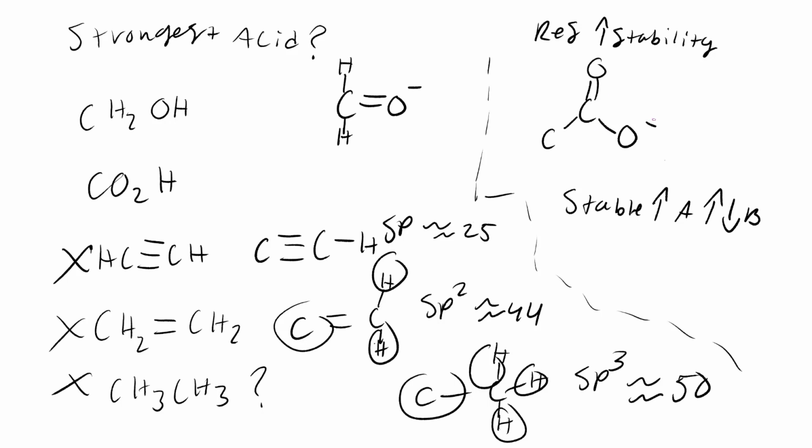So notice that these lone pairs that you have here, 2, 4, 6, 8, 2, 4, 6, 8, it could go here, and then this electron could go over here, right? So it has 2 resonance structures. That's pretty good, right? And therefore it's going to be more stable, it's going to be more acidic.